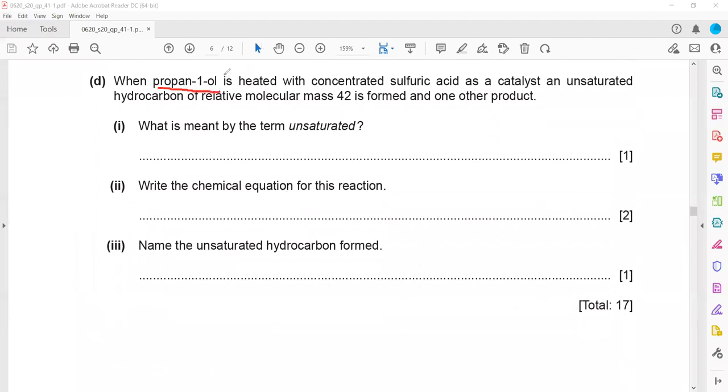When propan-1-ol, which is an alcohol, is heated with concentrated sulfuric acid as a catalyst, an unsaturated hydrocarbon with a molecular mass of 42 is formed. And one other product is there. What is meant by unsaturated hydrocarbon?